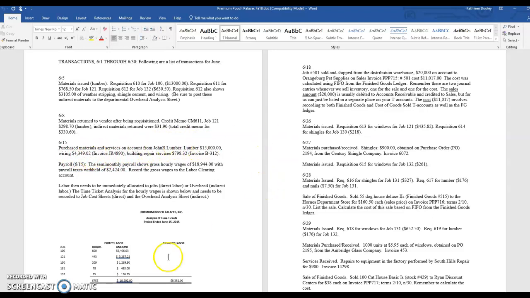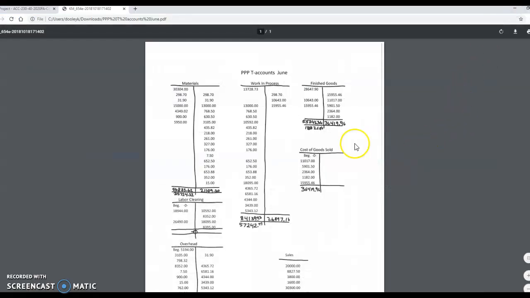So when we purchase materials, we're debiting materials, and we credit accounts payable. But again, as I said in the previous video, these T accounts are only the T accounts for inventory related stuff.